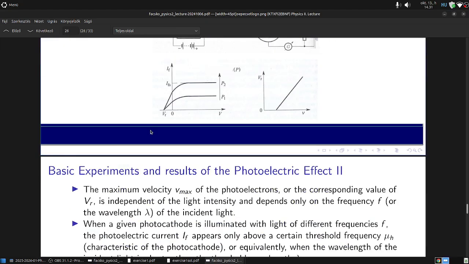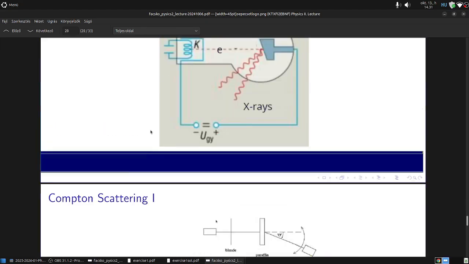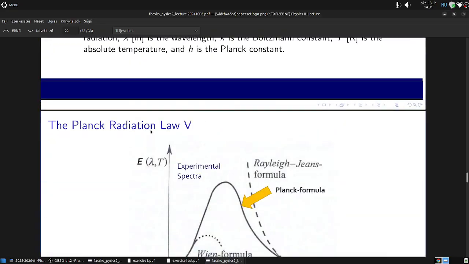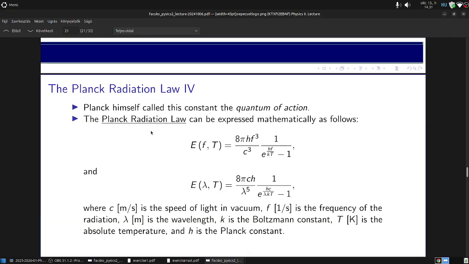How much is the Planck constant? 6.62 times 10 to the minus how much? 32?